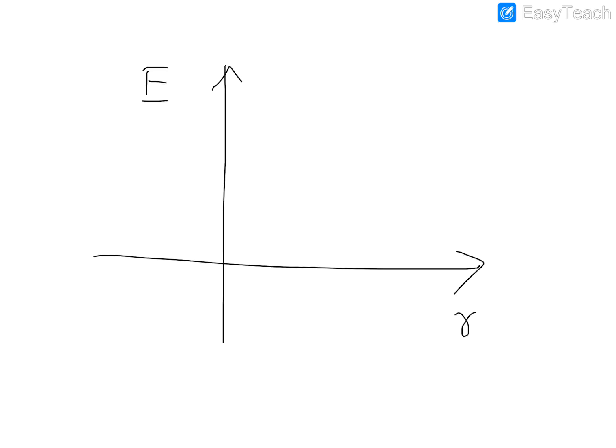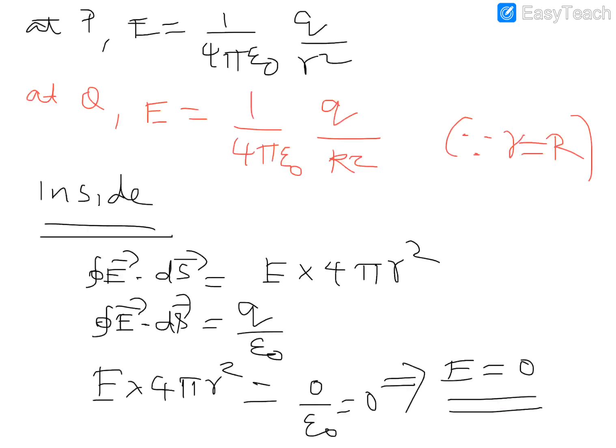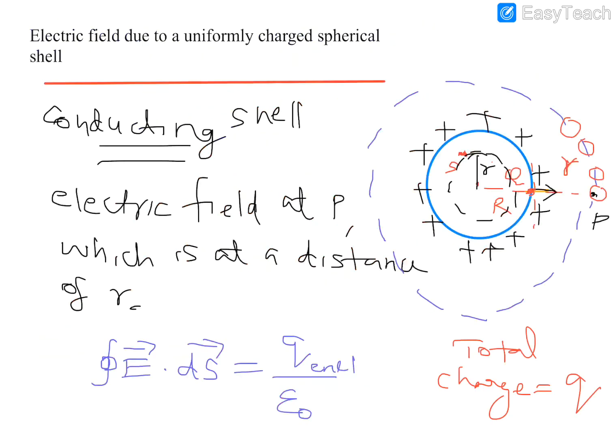r means distance, your Gaussian surface. There will be a capital R. What is this capital R? You can see how the Gaussian surface is changing. It is moving from here.